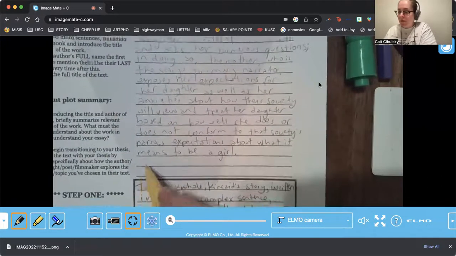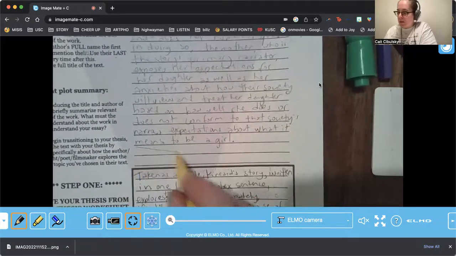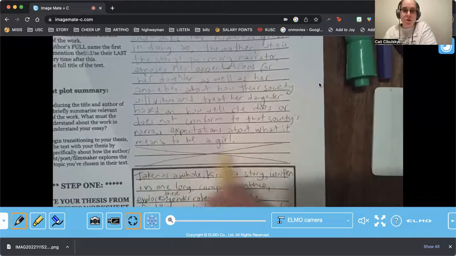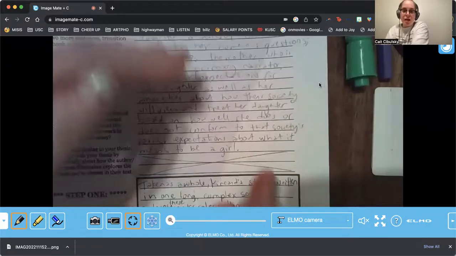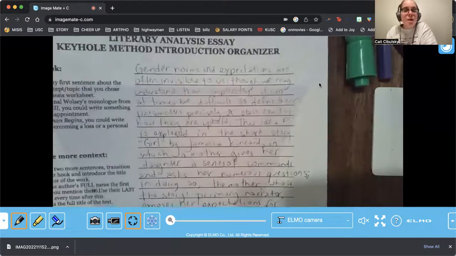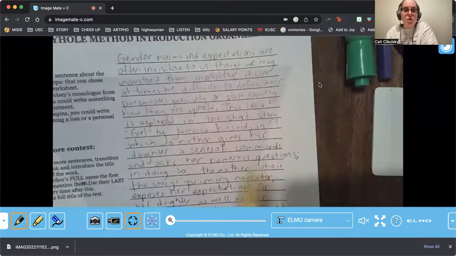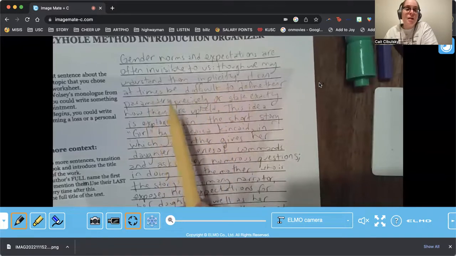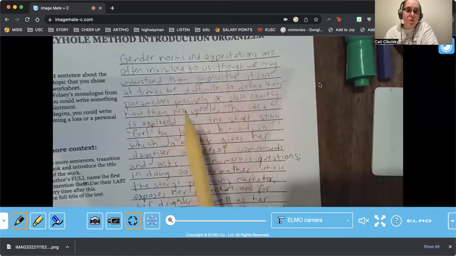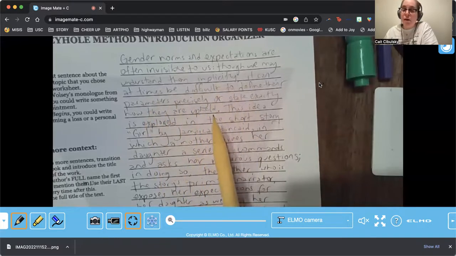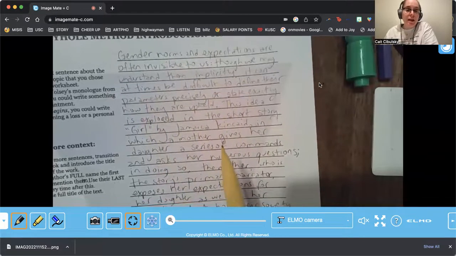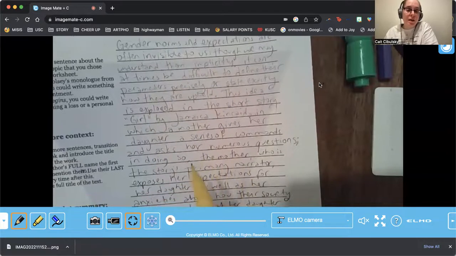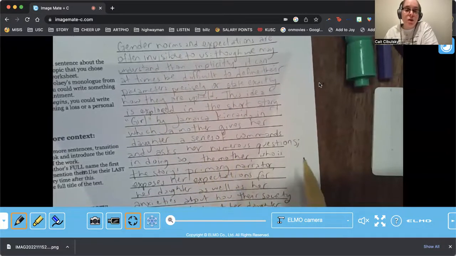I did it all. And when I type it up, I'm going to get rid of this space. That was just the extra space, if I needed it. I'm going to put this all together as one paragraph when I type it up. Gender norms and expectations are often invisible to us, though we may understand them implicitly. It can at times be difficult to define their parameters precisely or state exactly how they are upheld. This idea is explored in the short story Girl by Jamaica Kincaid, in which a mother gives her daughters a series of commands and asks her numerous questions.